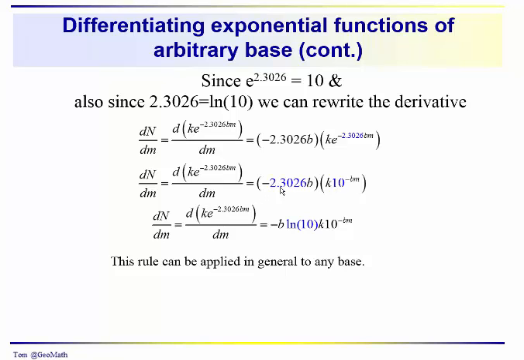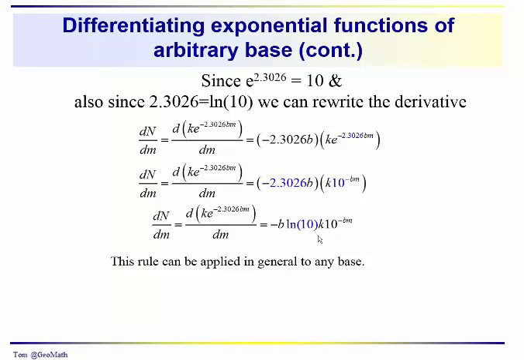And then the minus 2.3026 is the natural log of 10, so we can change this to natural log of 10. And we see that what we end up with, for our result, is that the derivative of n with respect to m is just minus b times the natural log of 10 times k times 10 to the minus bm power.